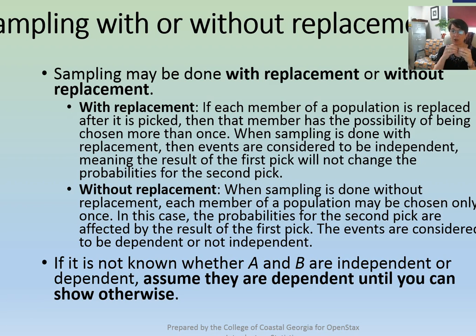Once I take that choice out, it changes the odds of what is left. If it is not known whether A or B are independent or dependent, we assume that they are dependent unless we can show otherwise. When we're taking the cookies out, those are dependent events. What odds are left in that jar depends on what kind I pulled out the first time.